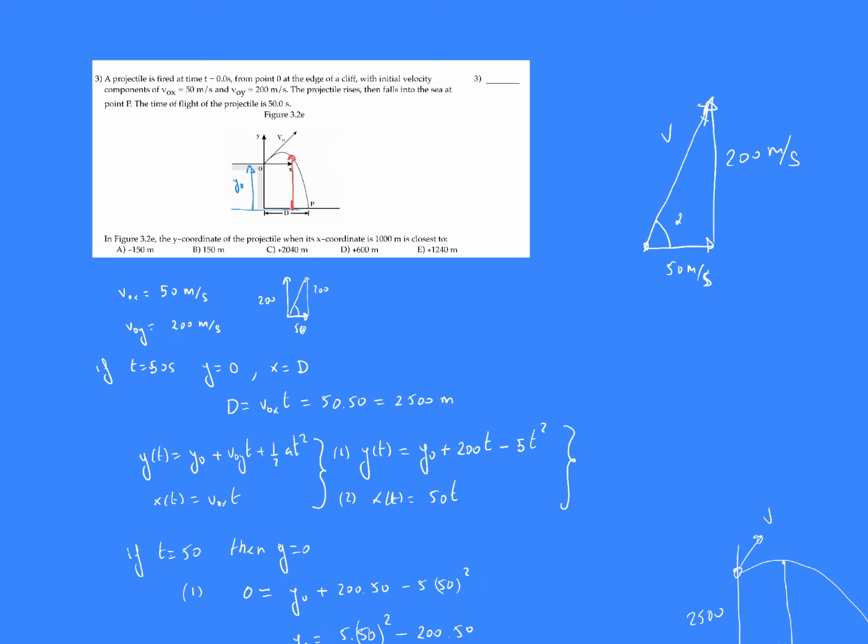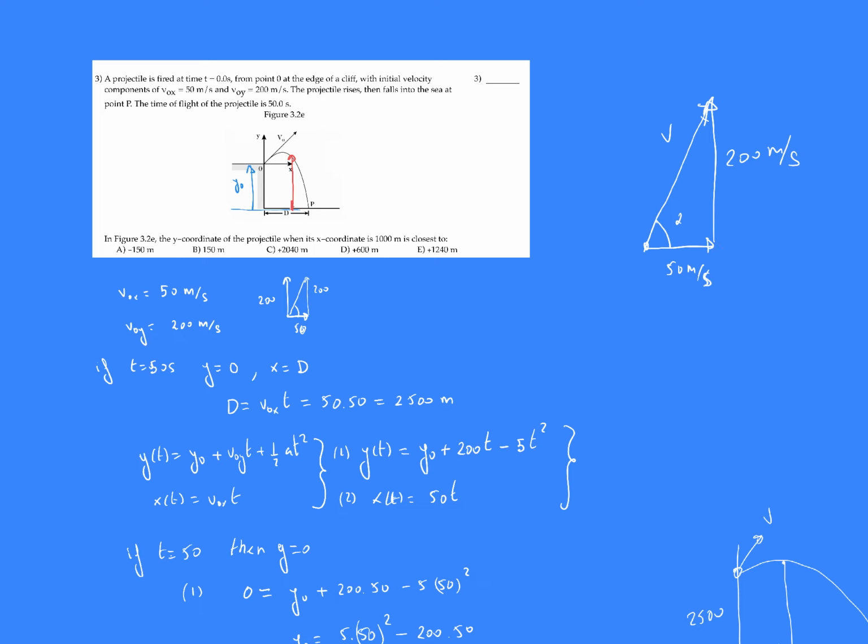If it takes 50 seconds to strike the floor, he will move in the x direction with constant velocity. The distance D is the velocity in the x direction times the time t. The time t is 50 and the velocity in the x direction is 50.